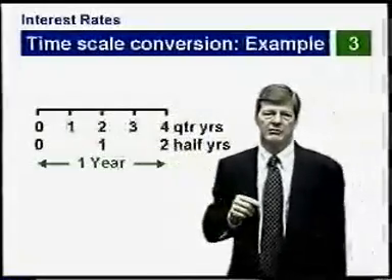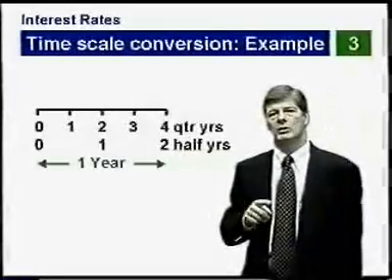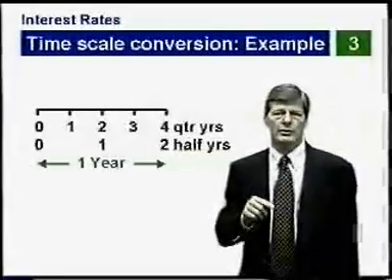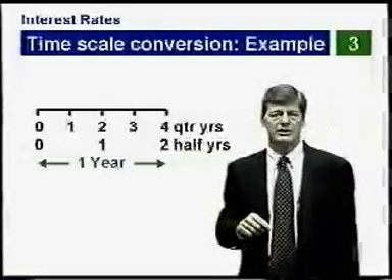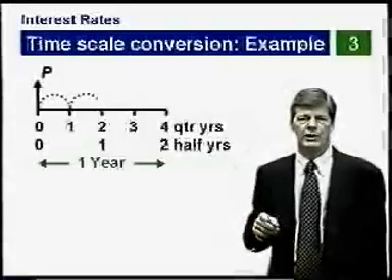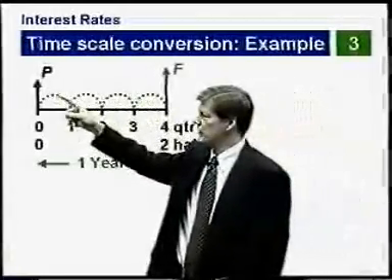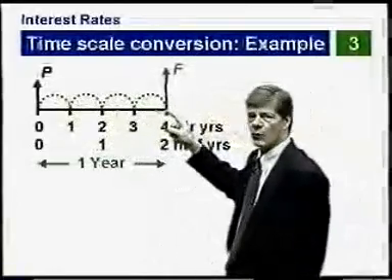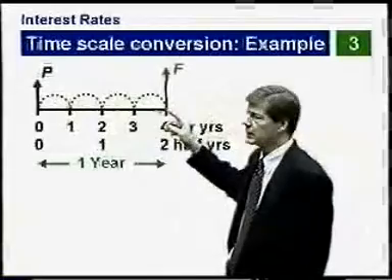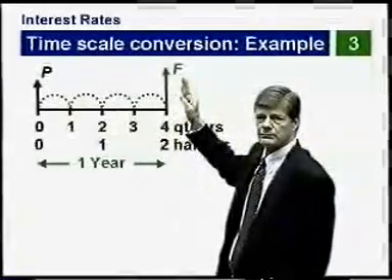If we wanted to identify a semi-annual interest rate that is equivalent to a given quarterly interest rate, what we need to be able to show is if I was given some present sum P, and I were to invest those funds each quarter for 4 quarters at 4% per quarter year, it would produce some future amount.